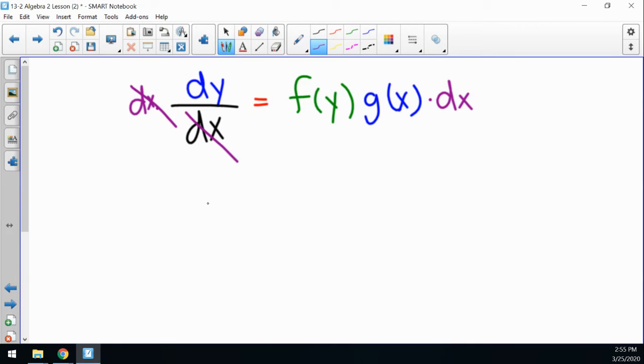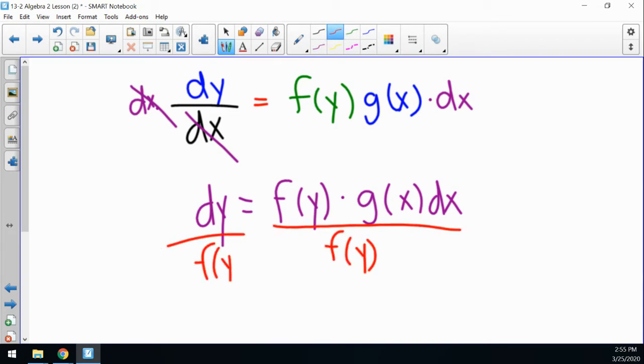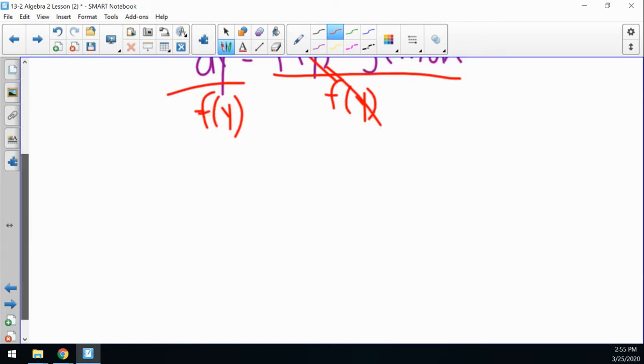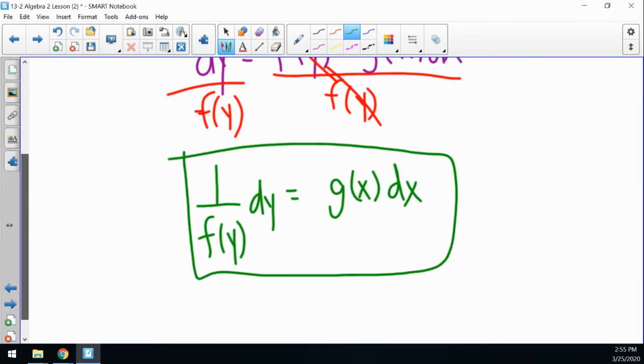Then dy is equal to f(y) times g(x) dx. Then I divide both sides by f of y, and those cancel out. And so I end up getting 1 over f of y dy is equal to g of x dx, which is what we just said. They're considered separable if this is the case right here.